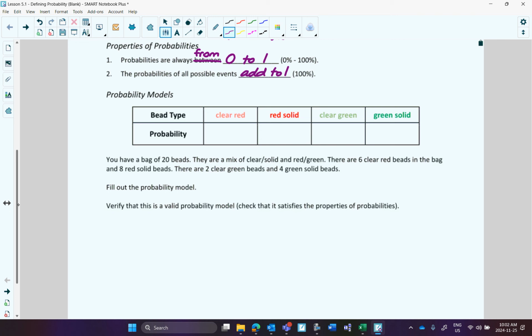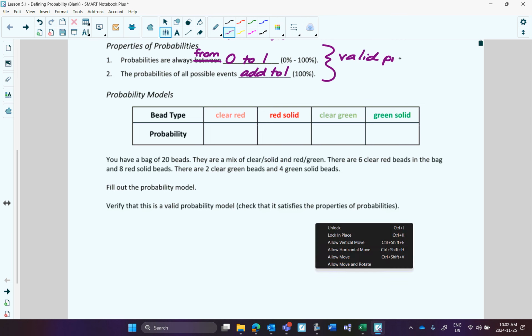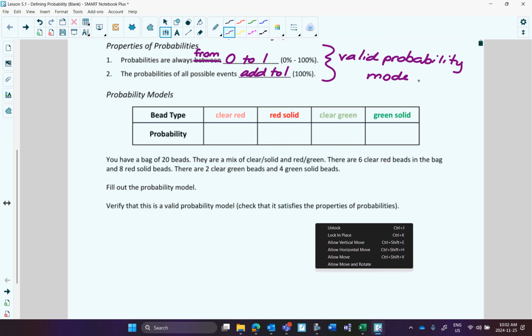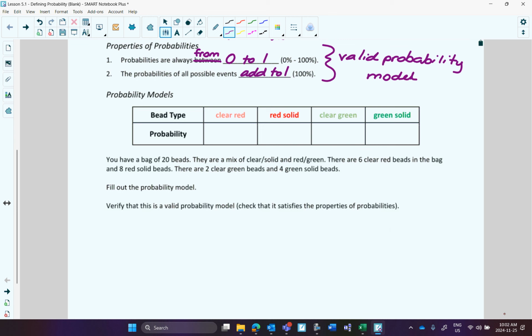If it has these two properties, it's a valid probability model. Whatever situation we have, all the events' probabilities must be between 0 and 1, and the probabilities of all events must add to 1. That's what makes it valid.